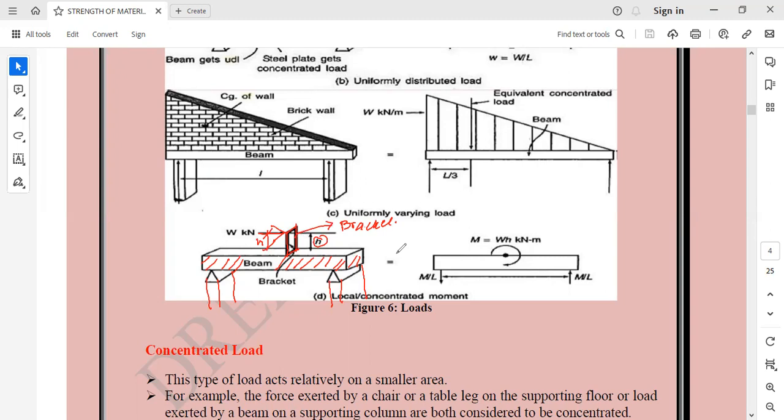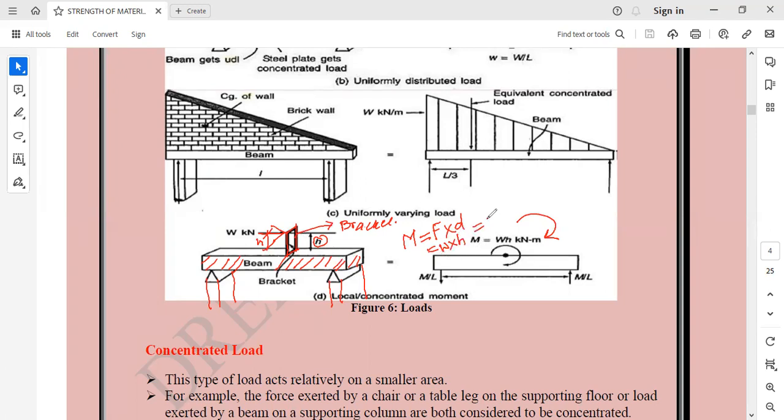In that case, a moment will generate. A clockwise moment will generate, and the value of this moment would be, as we discussed in the previous lecture, force into distance. Here the value of force is the weight itself, and the distance is small h.